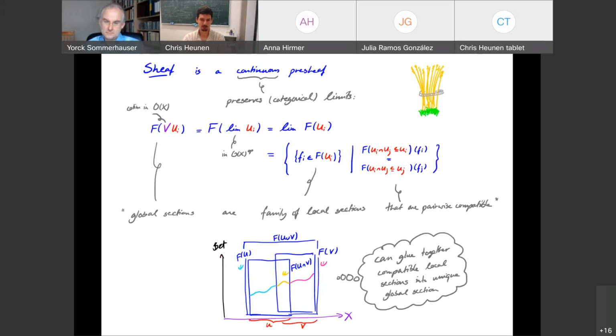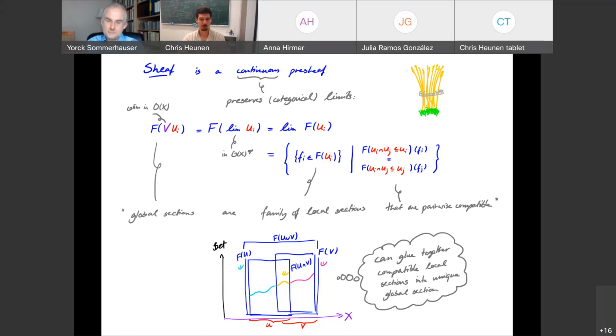So if you look at the first line of equations here, on the left we have the value of the sheaf F on the join of a bunch of opens U_i. So the join is a co-limit in OX, which means it's a limit in OX op, right? Because the pre-sheaf was a contravariant thing, it went out of OX op.